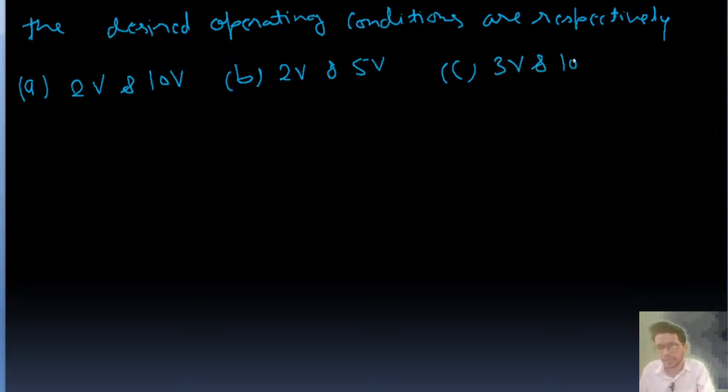And option D is 3 volt and 5 volt. Okay, so this is the question. First I'll make a figure and explain the question. After that, I will solve it.